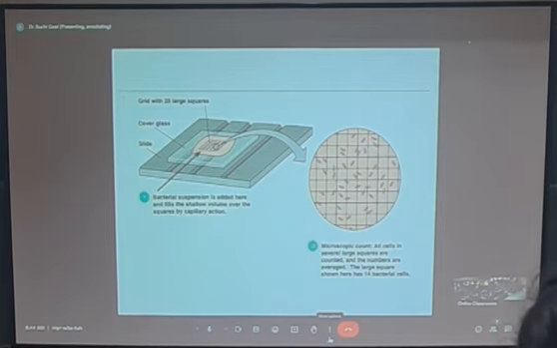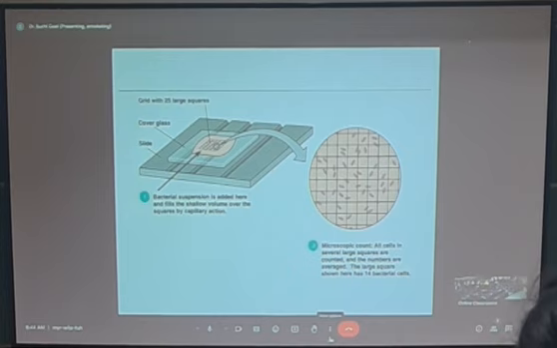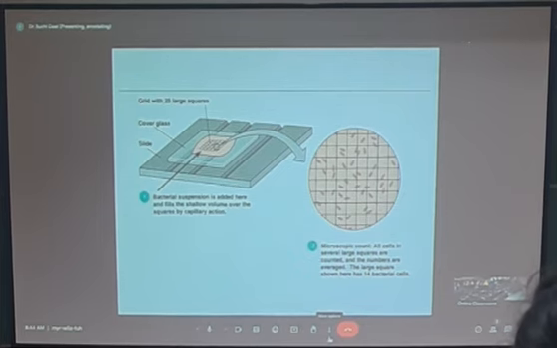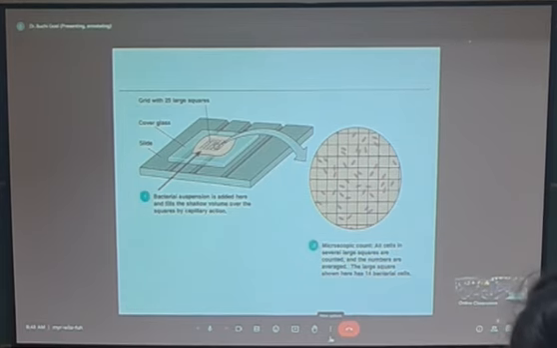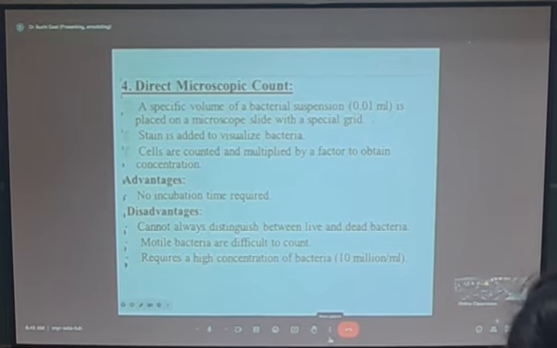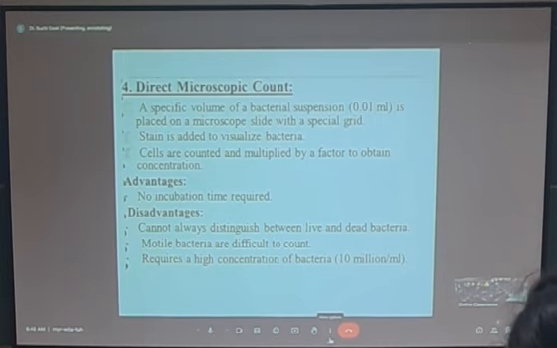Okay, so what I do is, I have 14 bacterial cells, and I have taken 10 microliters, so my count will become 140 bacterial cells per ml. But the way you do it, you also multiply by the volume. Because you are adding 0.01 ml, which is 10 microliters, you calculate the volume also.